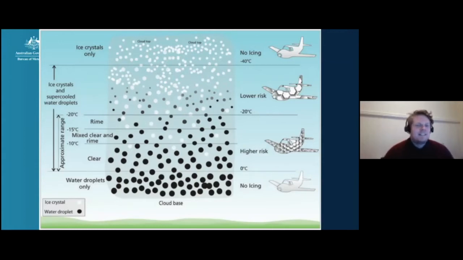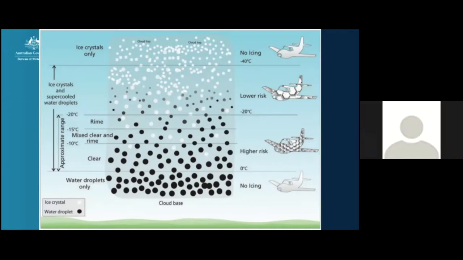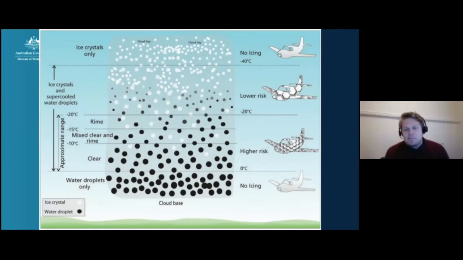So yeah, as Gina was saying, icing is basically caused by ice droplets crystallizing onto the airframe of aircraft. So you can see in this diagram, it's kind of dependent on temperature. Down the bottom, you've got no icing present because there's basically only water droplets, and that's above 0 degrees.